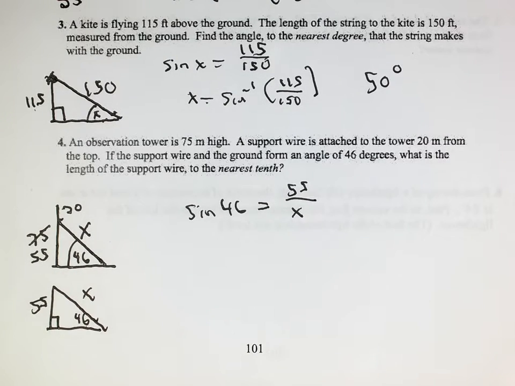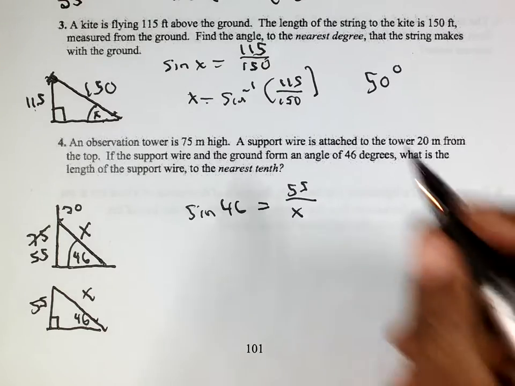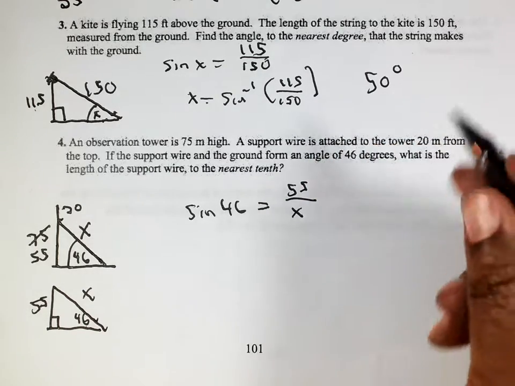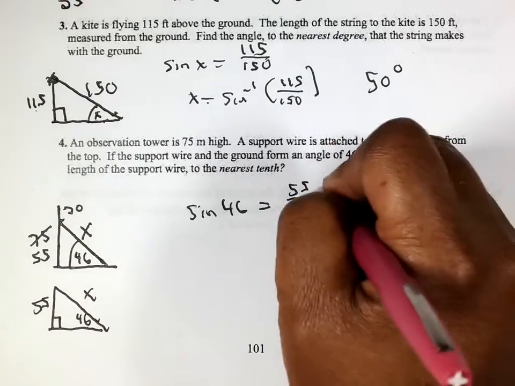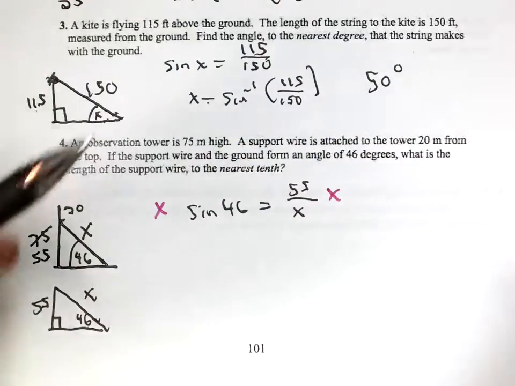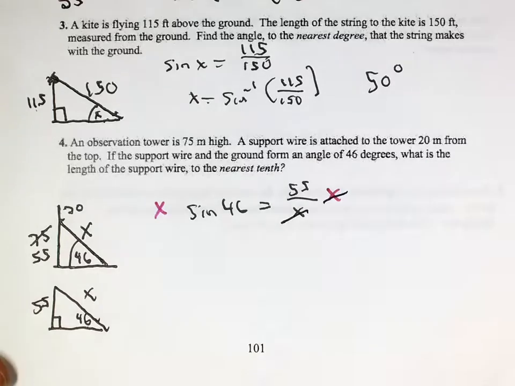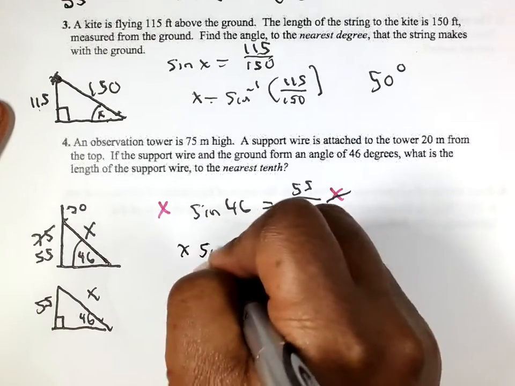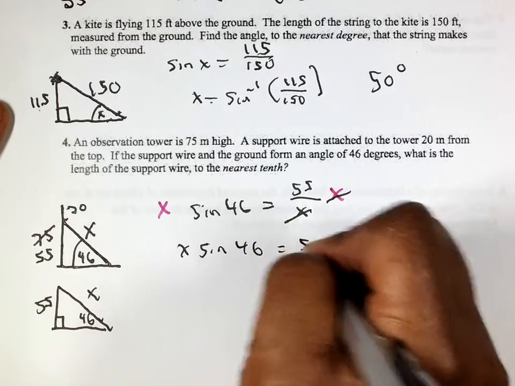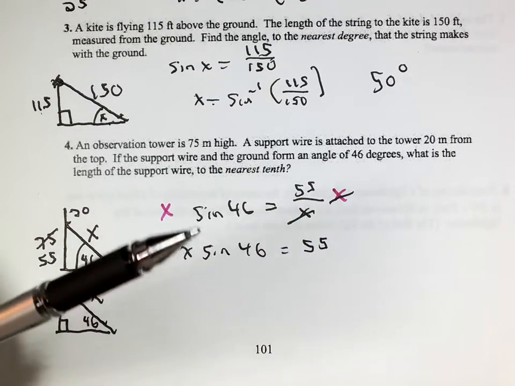This time I know my angle, so I'm not going to have to use the inverse. I only have to use the inverse when I don't know the angle. So multiply both sides by x. And this gets it out of the denominator. And then I'm going to divide both sides by sine of 46.